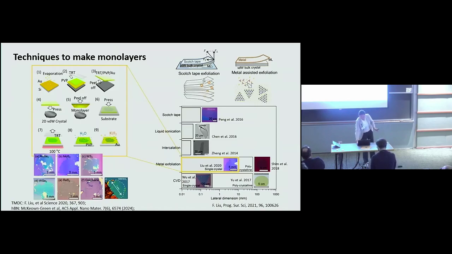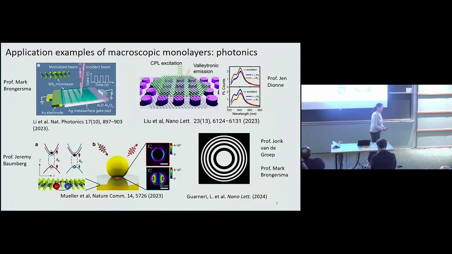That is all fantastic. So what can you do when you have a very large area monolayer? We can couple these monolayers into many different photonic devices. For example, we have coupled them into plasmonic structures and photonic metasurfaces.